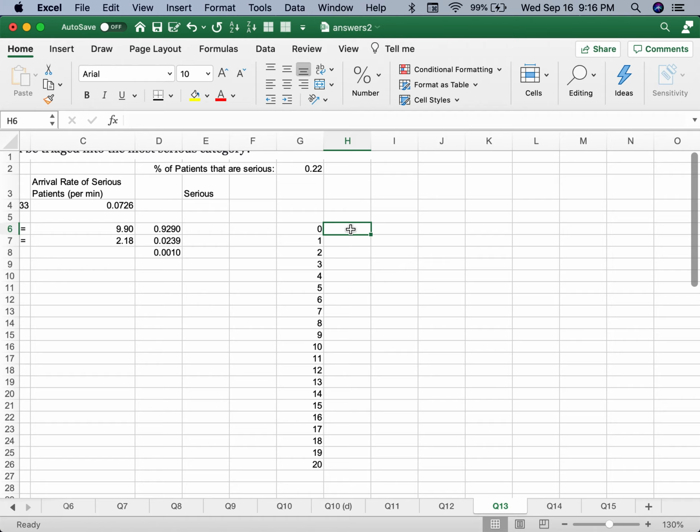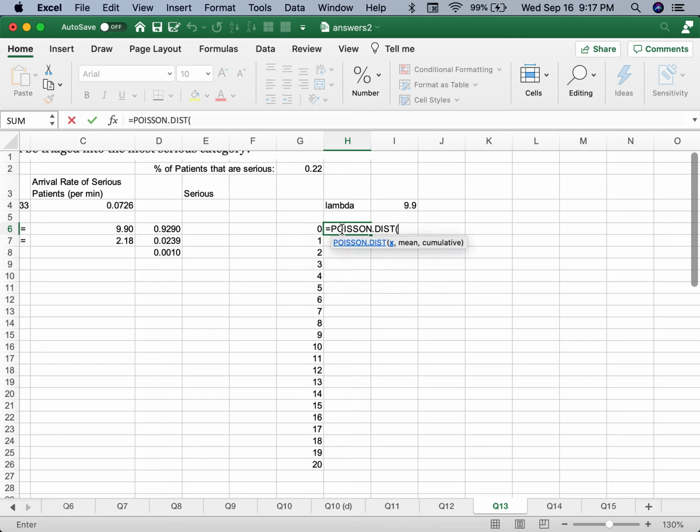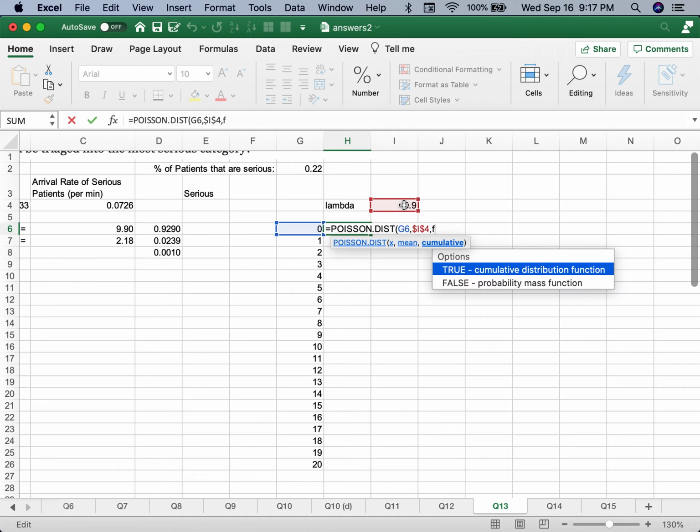Now if I were to calculate, given a lambda of 9.9, which is what we're given, we can calculate equals Poisson.DIST of x, given the mean, and I'm going to anchor it, Command T on a Mac, cumulative false.